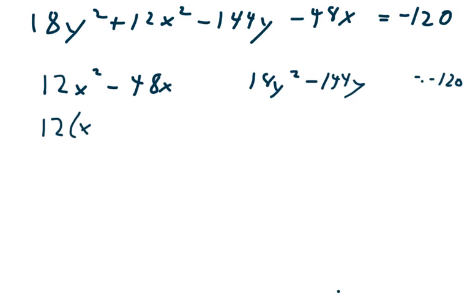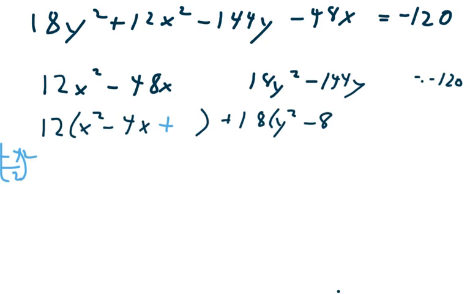After I get them separated, I'm going to factor out the 12, and I'm going to factor out the 18. So this turns out to be 8. Now we're going to complete the squares. So negative 4 divided by 2 squared is 4.